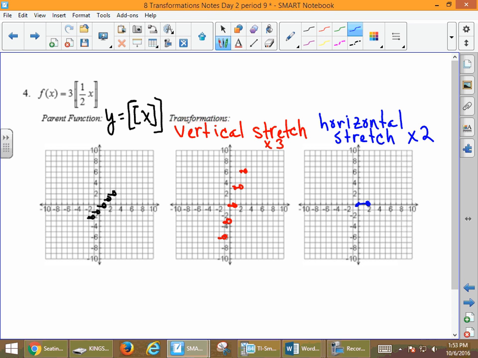We're still going to have a stair step here at 3, but the length of our stair step is going to be longer. Instead of being a distance of 1, it's going to be a distance of 2. And we're still going to have a stair step at 6, but the length of our stair step is going to be longer.